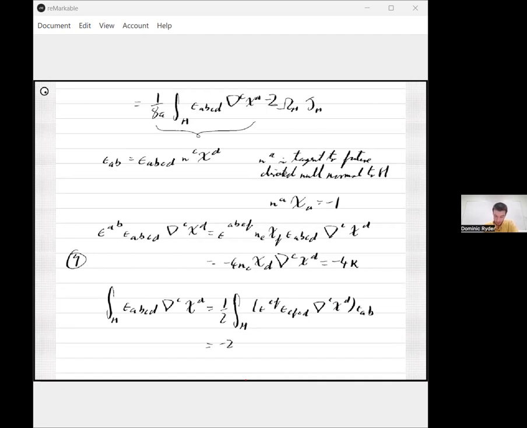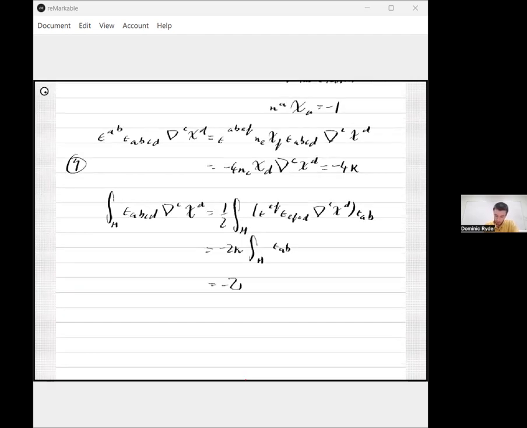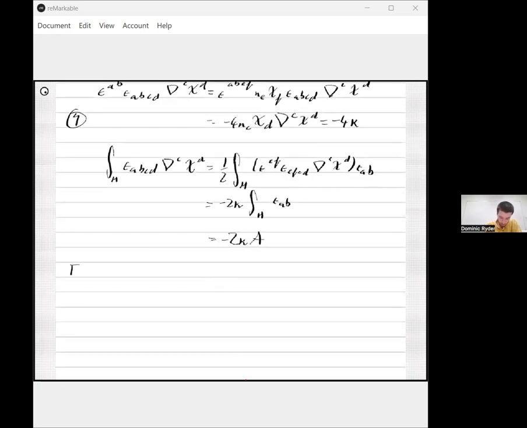And this is minus kappa integral over the volume form for the horizon, which is of course just going to be the area of the event horizon. And so we can write the first law in integral form.